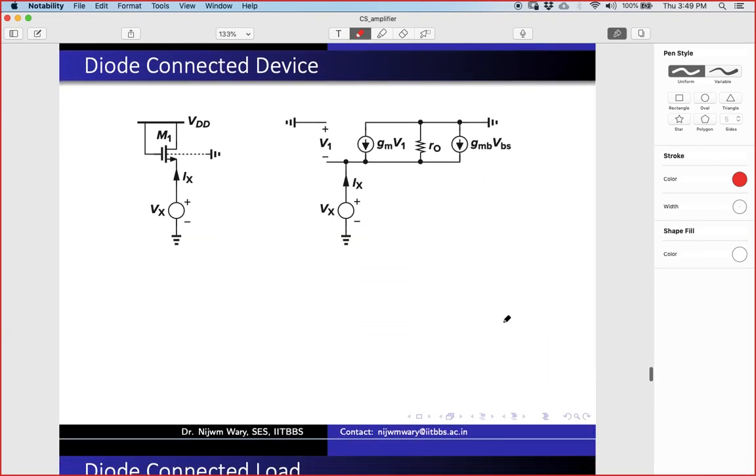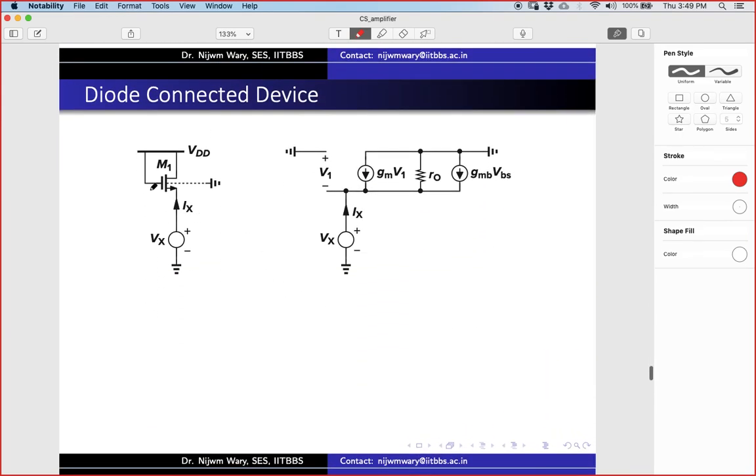Okay. So now again, if we try to analyze with this GMB also, you can try to analyze this one. The impedance looking into this node will again be Rx. I'll leave the analysis for you to do. Again, this is RO parallel 1 by GM plus GMB, right? Because actually these two will get added. If you see here, the VBS is quite the same as this one.